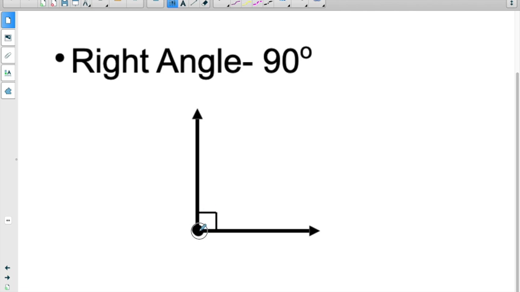So if I had an angle that went like this, this would be less than 90 degrees. And then if I had an angle that went like this, this would be greater than 90 degrees. From here all the way to here.